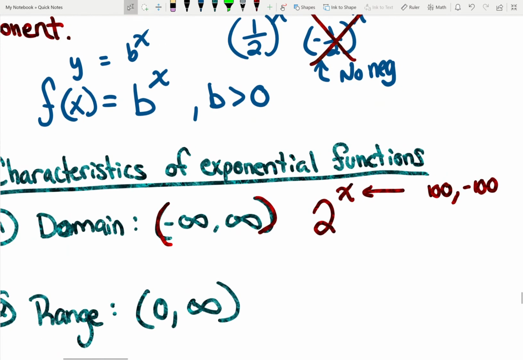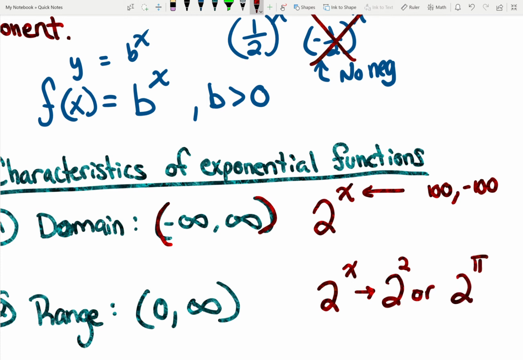Let's look at our range, though. Our range is a little bit different. Our range, meaning the y values that will come out of this function, will be between 0 and infinity. If I have a positive base, like 2, raised to some power x, is there a number that I can plug in for x, maybe like 2 or 2 to the pi, that will make my y value negative?